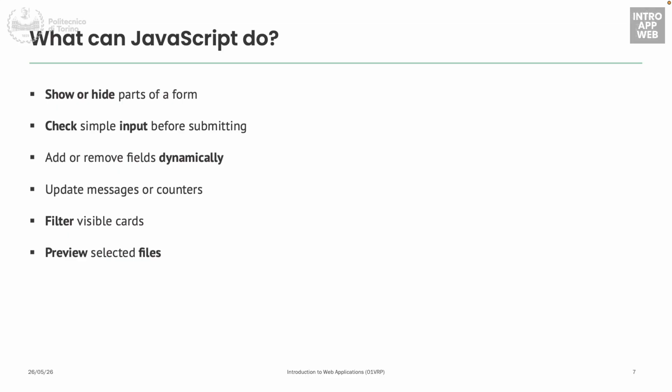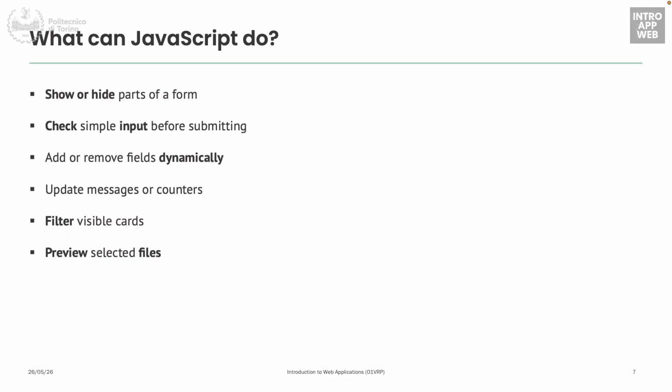So how many fields are you going to give the participants, or how are you going to deal with the fact that there is not a fixed number of other participants that will participate in the tour? You know what I'm referring to? So in this case, JavaScript is something that can give us a hint on how to dynamically show fields in a form depending on the user behavior or on the user specifications.